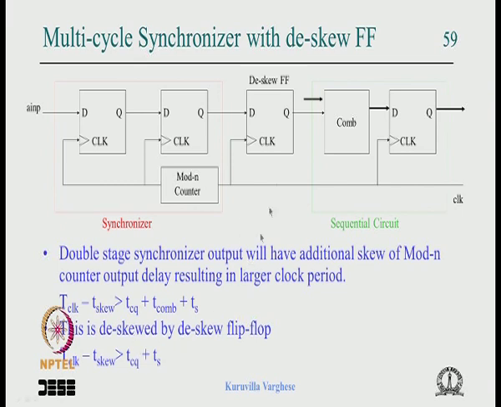So that wouldn't happen, and that is the deskew flip flop. Definitely it will add latency to the whole process. The latency you can work out is 2n T clock plus T clock, because this is not clocked by the output of the counter, but the input of the counter.